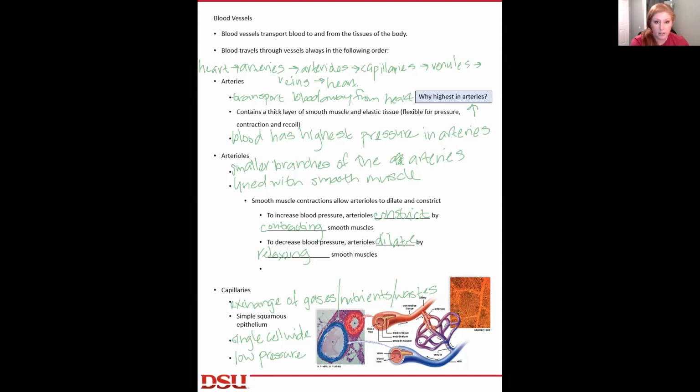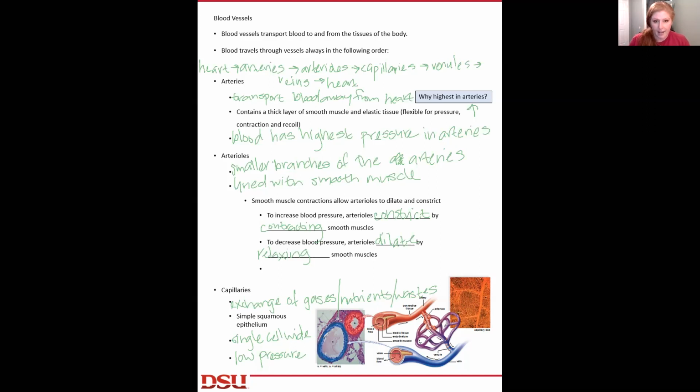As the arteries branch off into arterioles, you get more arterioles. You've got more arterioles than you do arteries, and then that branches off even more into capillaries. So the volume is being distributed into a bunch of little vessels rather than just through some large main ones.